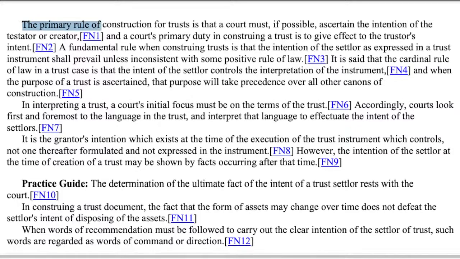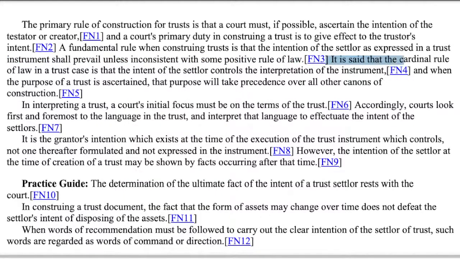The primary rule of construction for a trust is that a court must, if possible, ascertain the intention of the testator or creator. And a court's primary duty in construing a trust is to give effect to the settlor's intent. The fundamental rule when construing a trust is that the intention of the settlor, as expressed in the trust instrument, shall prevail, unless inconsistent with some positive rule of law.